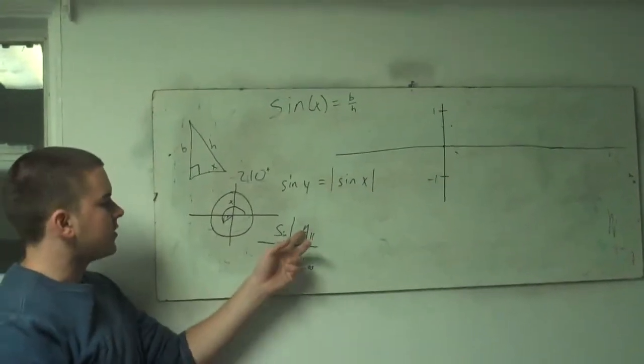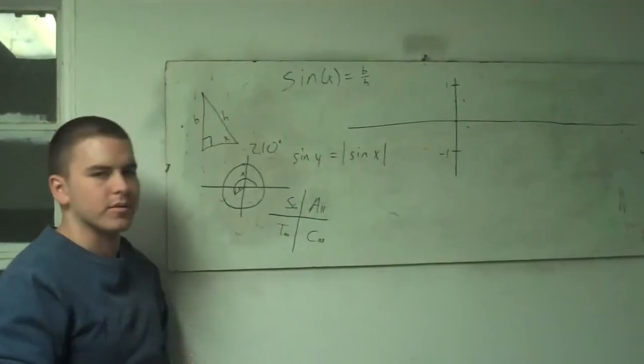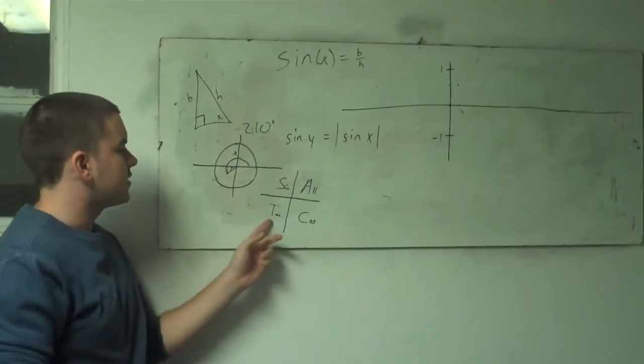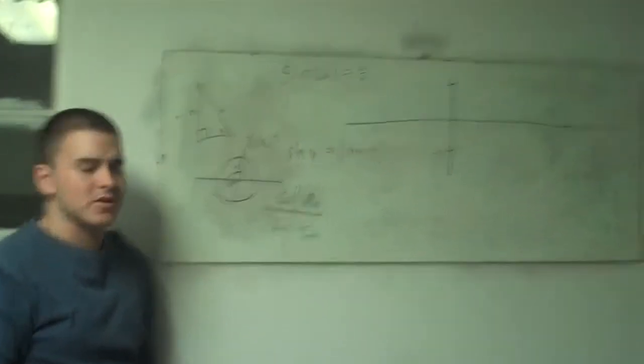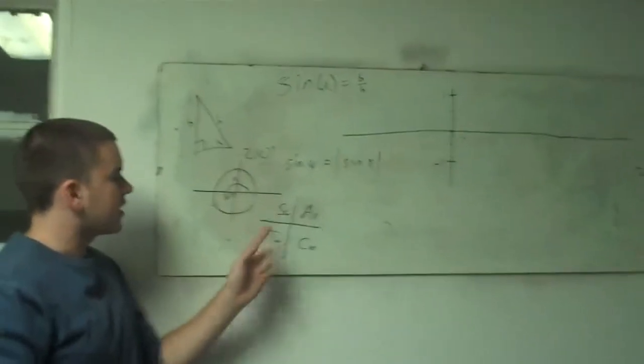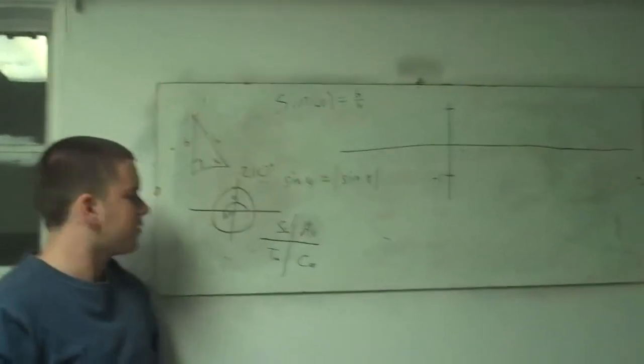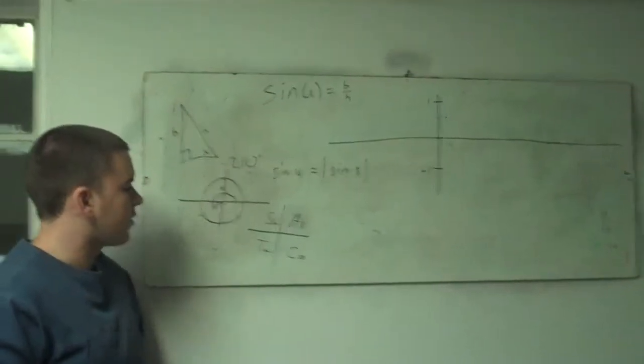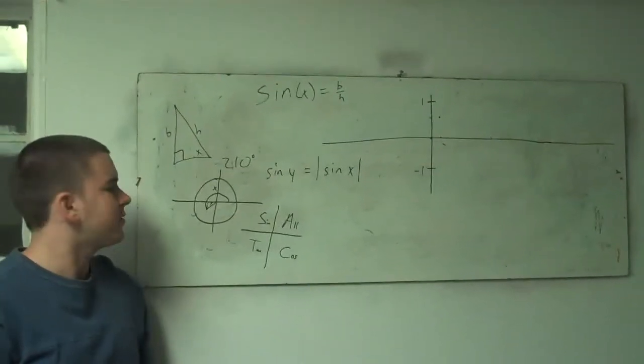So if we have an angle in the first quadrant here, or between 0 and 90 degrees, all 3 trig functions, sine, tangent, and cosine, are going to be measured positive. Here in the second quadrant, the sine will be positive, but the tangent and cosine will be negative. And in the third and fourth quadrants here, the sine will be negative.